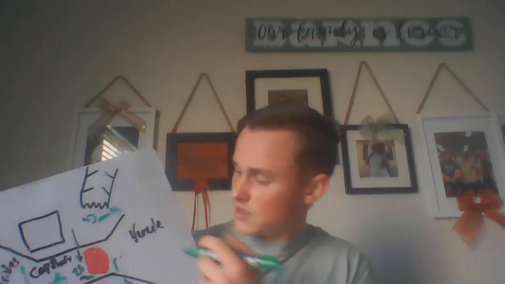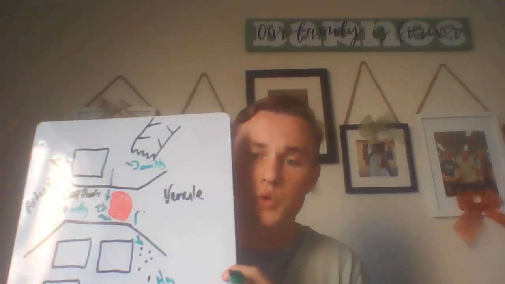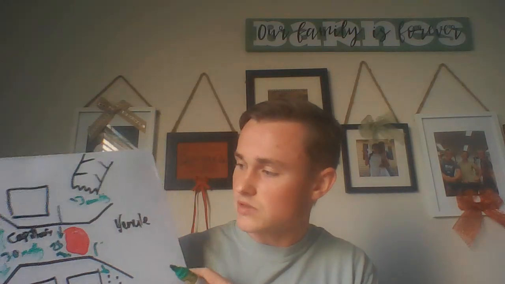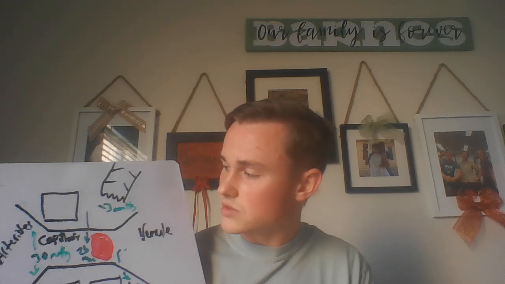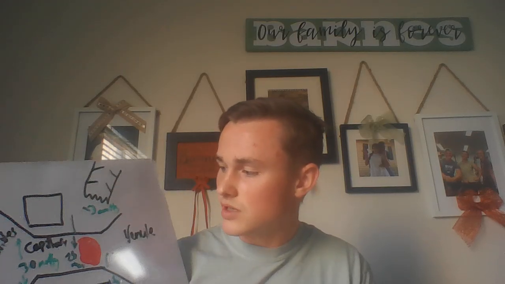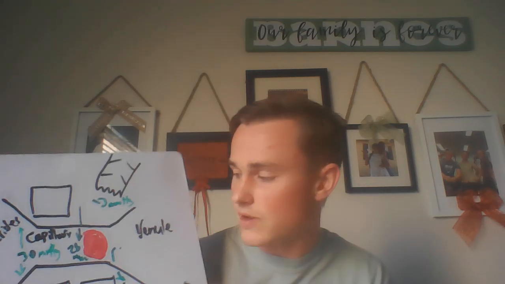Now, our venules, this is one of the reasons why our venules have such a small pressure, because we're constantly losing fluid through here. And a lot of that fluid is lost due to the amount of cells that are needing to be fed, if you want to look at it that way.